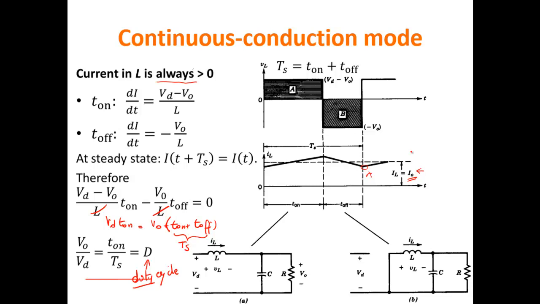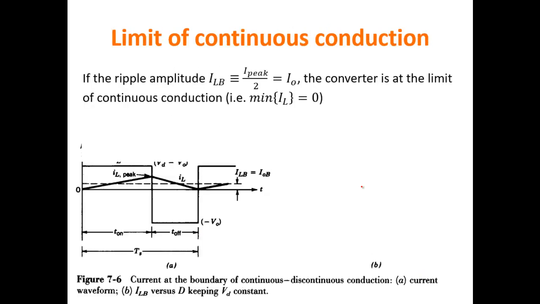At the limit of this reasoning, this point, which is the lowest value of the current in the inductor, goes down to 0 and touches the horizontal axis. Okay? This condition is the limit of continuous conduction. It's exactly the condition that I've shown here.